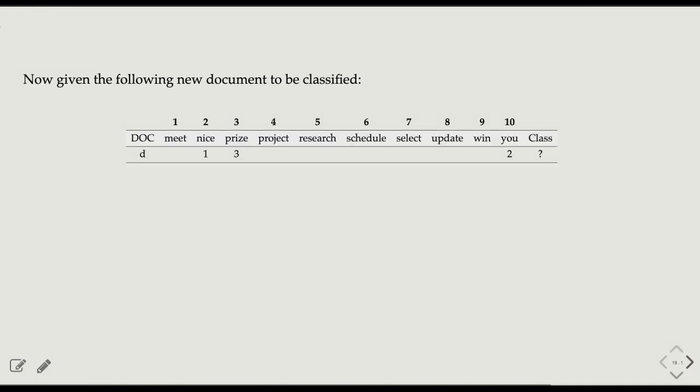Now, given a new email to be classified, let's suppose we receive an email where the term price appears 3 times, yield appears twice, and nice appears 1 time. So how likely is this email a spam or a ham?